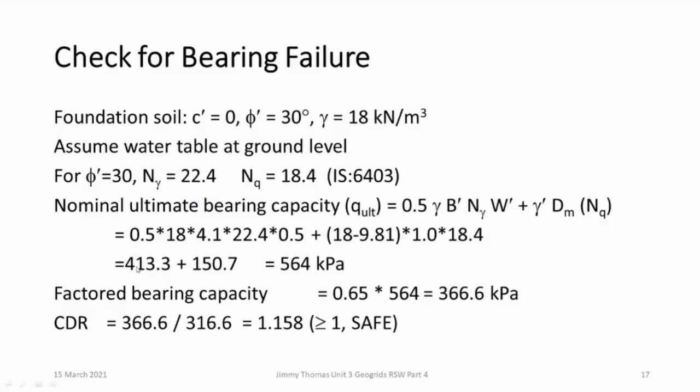Or, when we enter the soil parameters, there is an option for entering the ultimate bearing capacity. We can calculate it with IS 6403 and enter that value there. That means we calculate the ultimate bearing capacity as 564 kPa and give it as input. So both ways are possible.